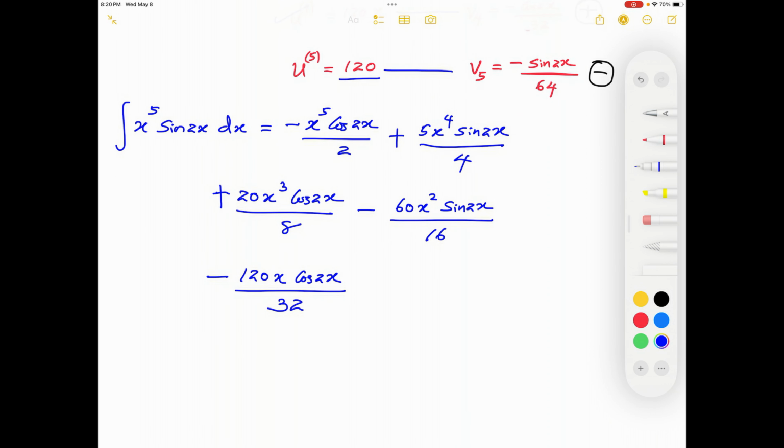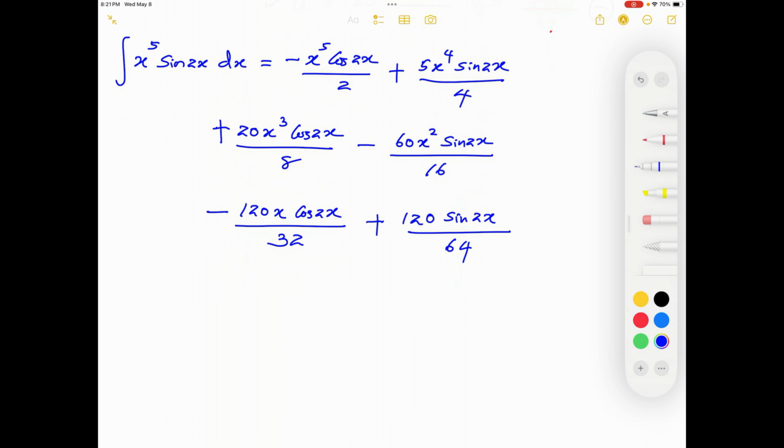We need to multiply 120 times negative sine 2x over 64, and we need to distribute a minus sign. Then it becomes a positive term, positive 120 times sine 2x all divided by 64. That's all about multiplying u's and v's. However, this is an indefinite integral, therefore we also need to add a c, where c is an arbitrary constant.